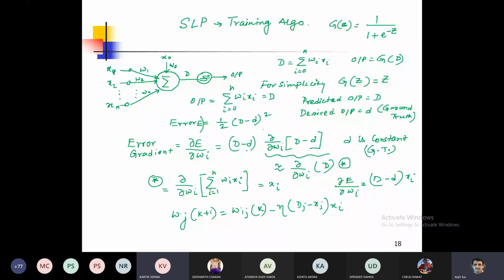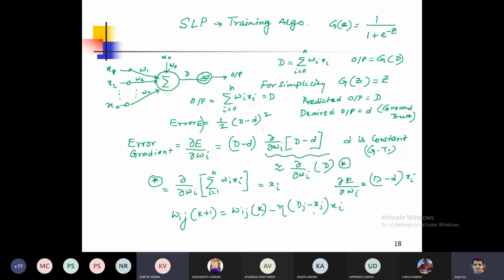Because this particular j is the jth neuron, this j is coming because this is kind of jth row and ith neuron.